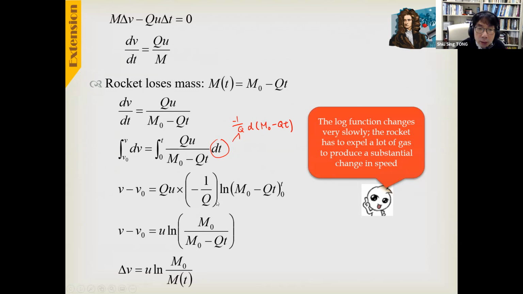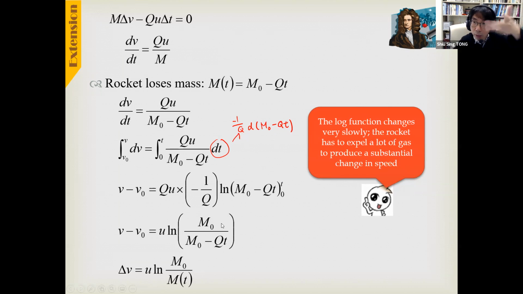Now the q will cancel, right? When I evaluate at 0, I simply get m0, and for the evaluation at t, I have the term m0 minus qt. The difference between two logarithms can be converted into the logarithm of the ratio, so I have log m0 over m0 minus qt. For the minus sign, I invert the numerator and the denominator, because the minus sign corresponds to the power minus 1 in the log.